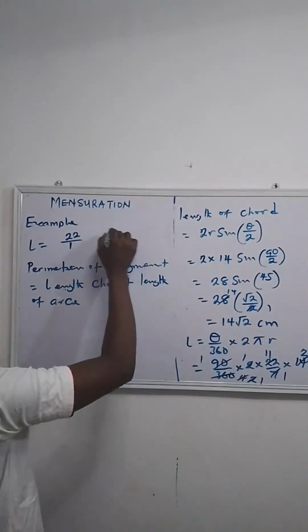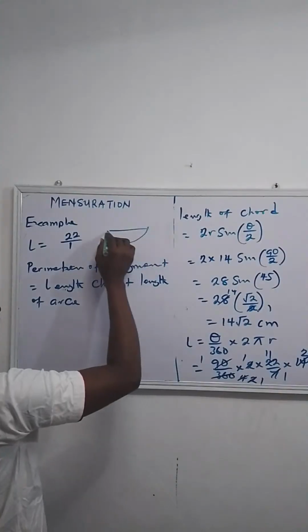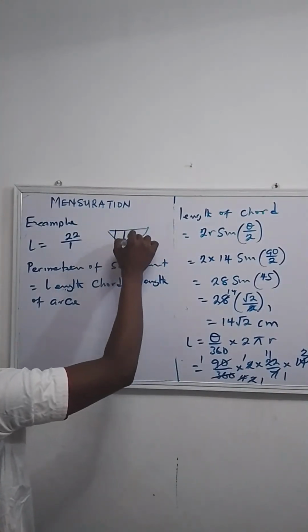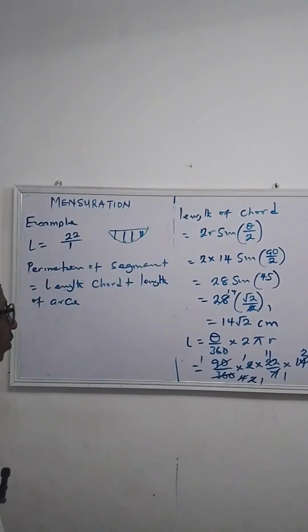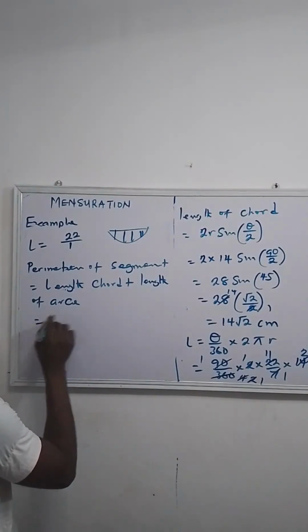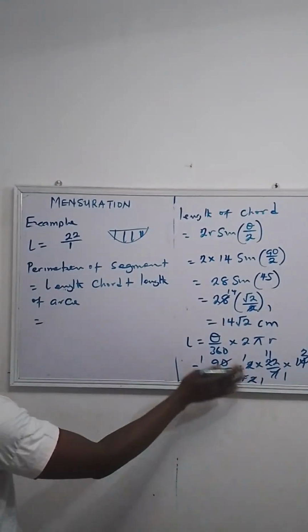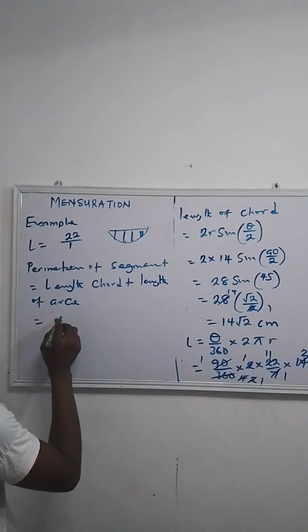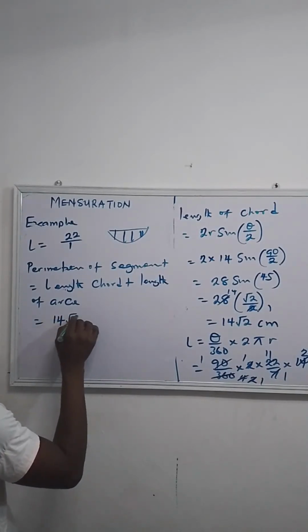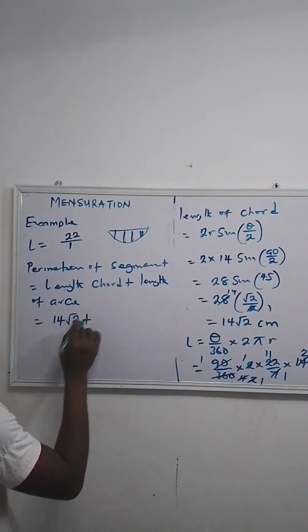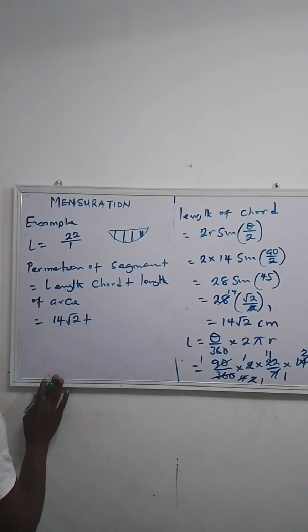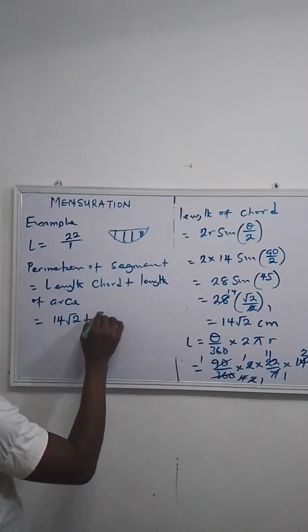Don't forget it looks like this. So this plus this is the segment. The length of chord we have gotten in short form is 14 square root of 2, plus length of arc, which is 22.